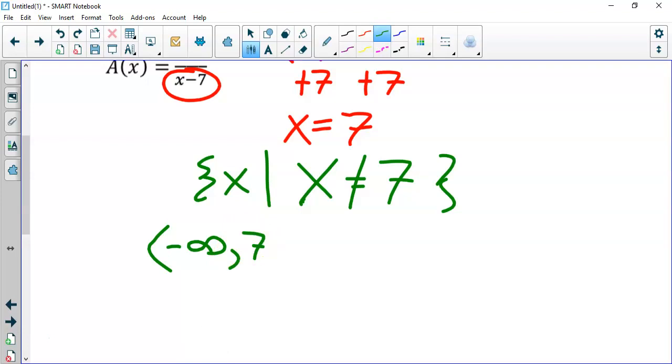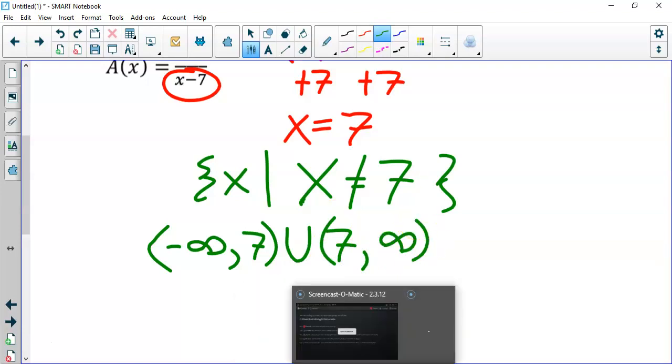Bracket or parenthesis? Parenthesis, because we don't like it. Remember, that's our bad number. We want to jump over that number. So what's the next symbol? A union. Then pick up at 7 again, bracket or parenthesis, and we go to where? There you go. There's your interval notation.